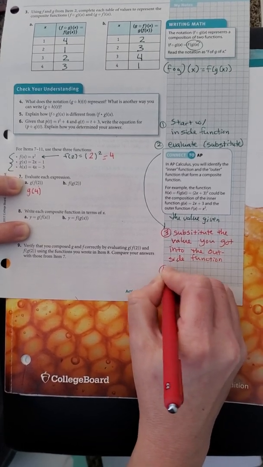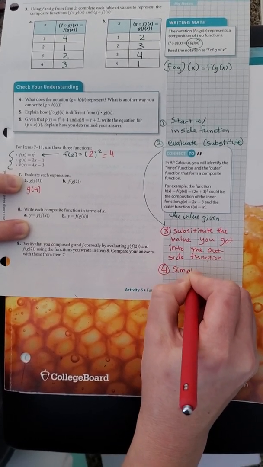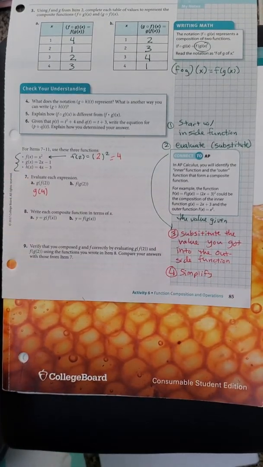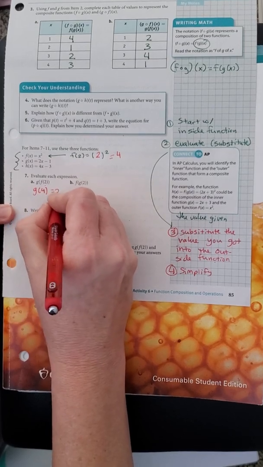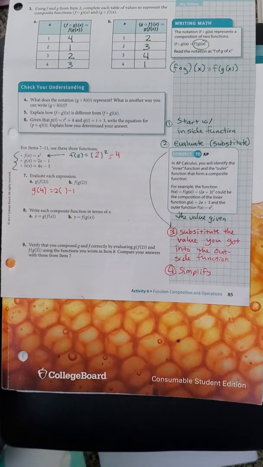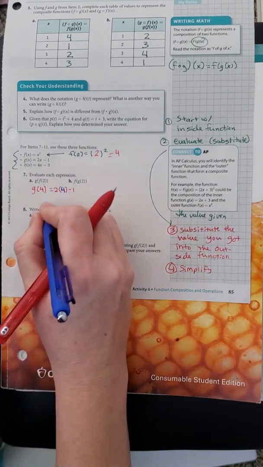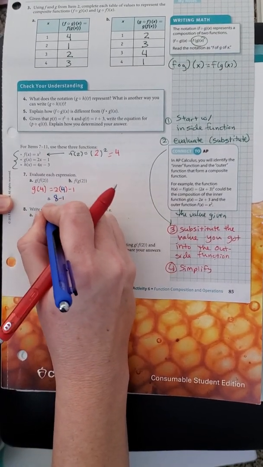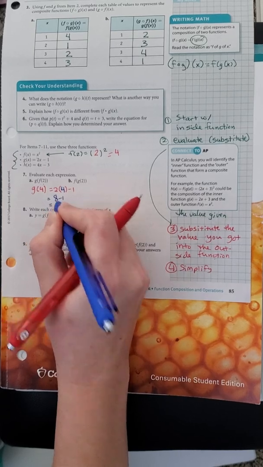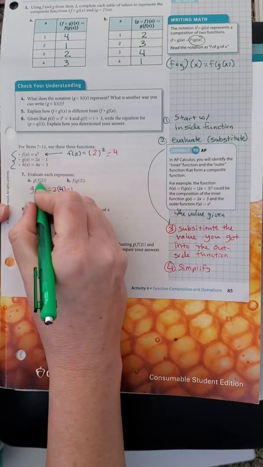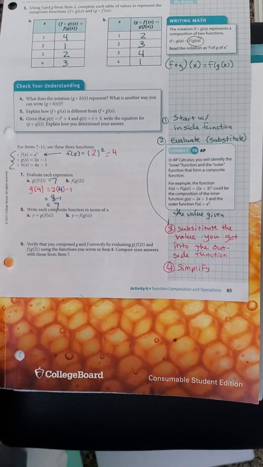And then you simplify. So we're going to substitute 4 into g. G is right here, 2x minus 1, and I'm going to substitute in 4 for x. So that gives me 8 minus 1, which is 7. So my final answer to this, g of f of 2, is 7.